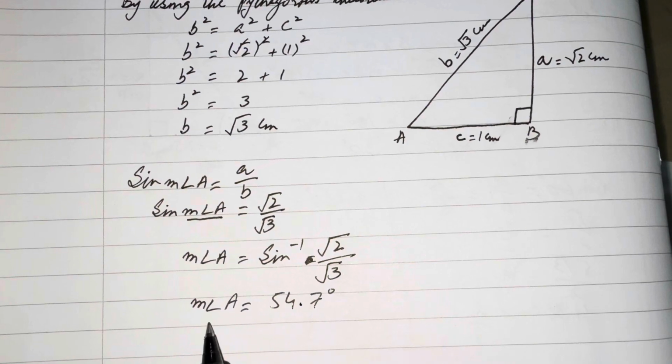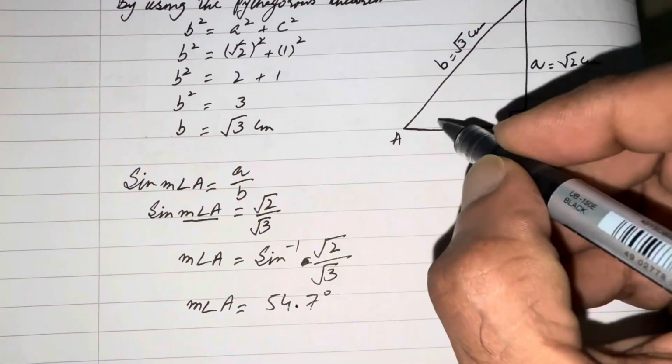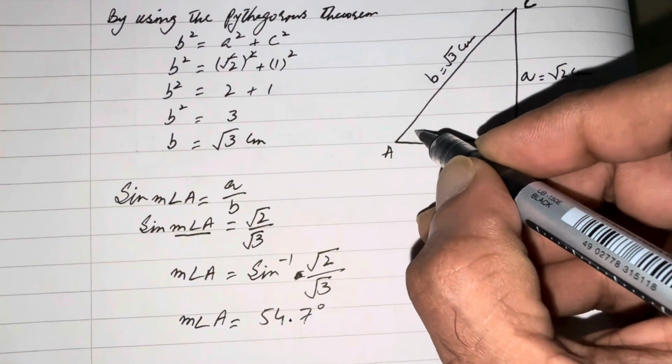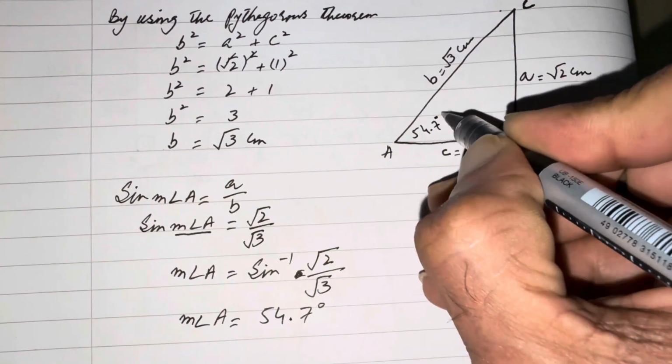So we can say that the measure of angle A is equal to 54.7 degrees. So that angle will be 54.7 degrees.